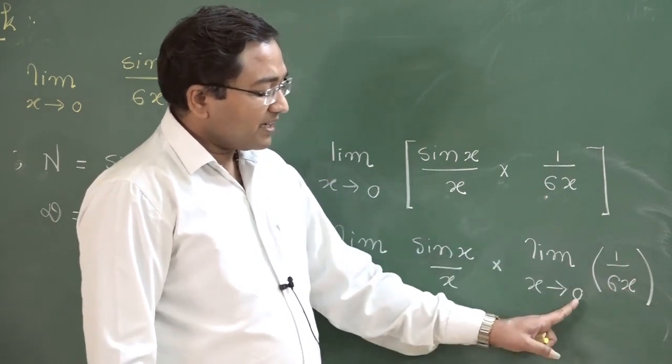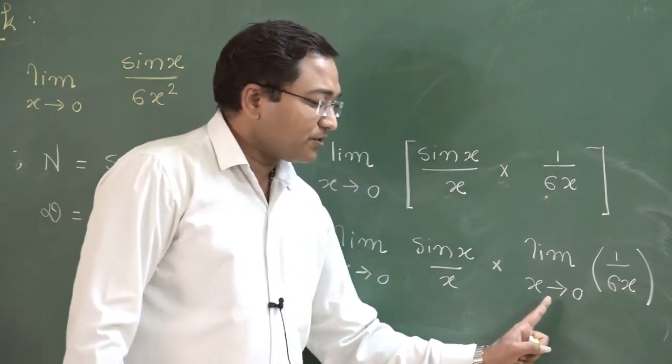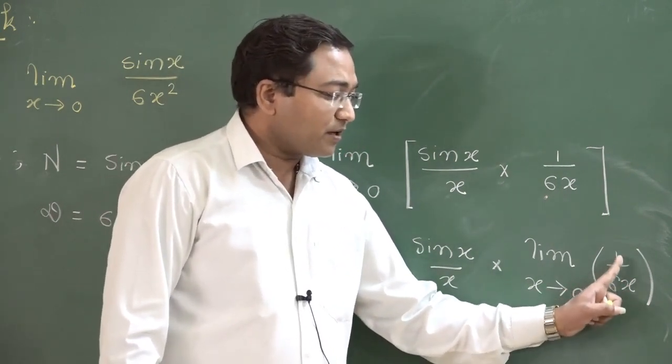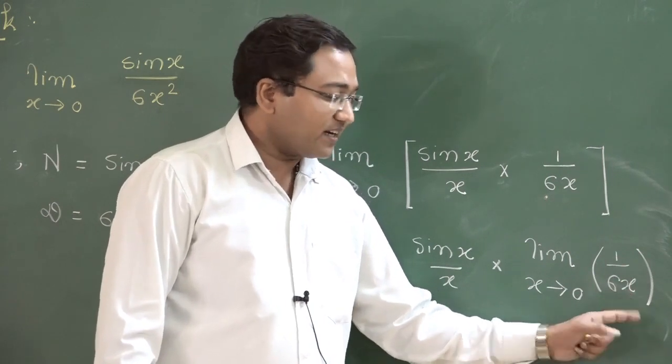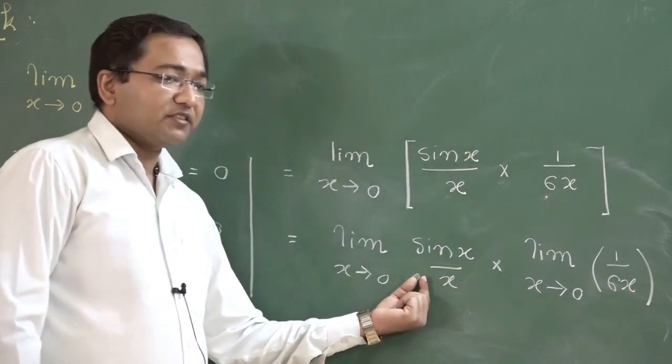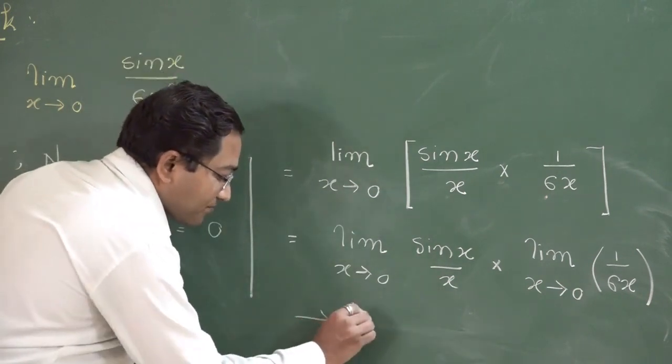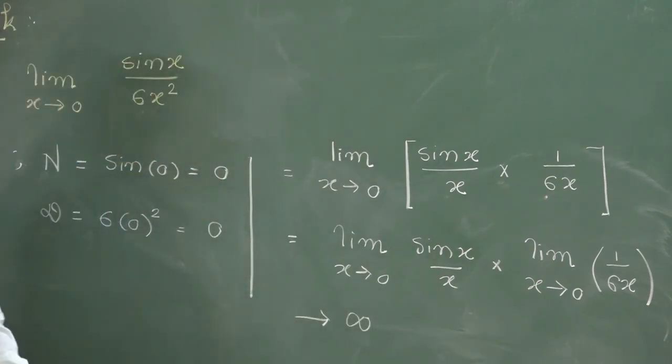So we directly substitute x equal to 0, and we get 1 upon 0, that is infinite. Infinite multiplied with something becomes infinite. So that answer is not finite.